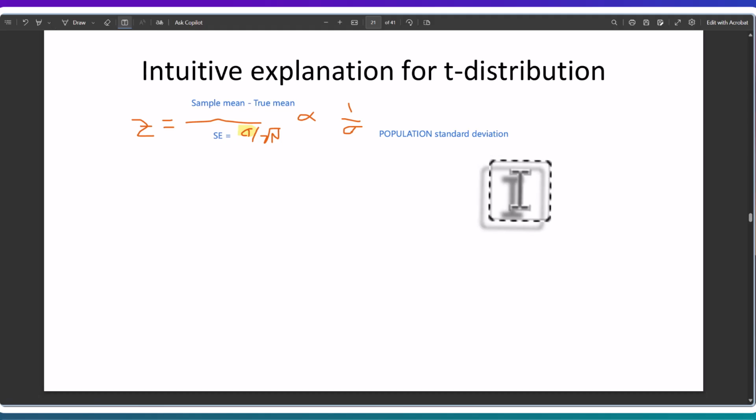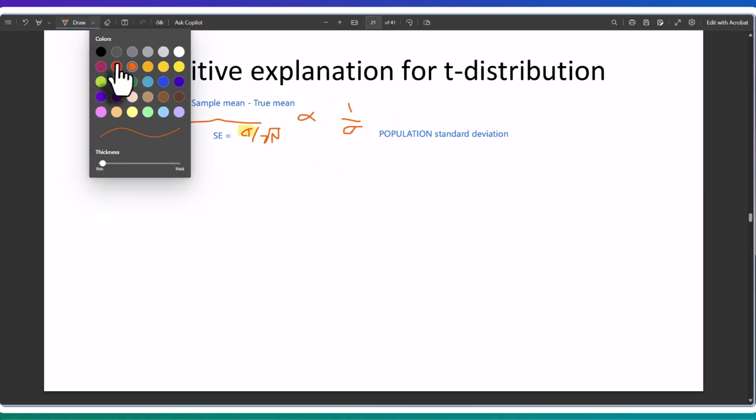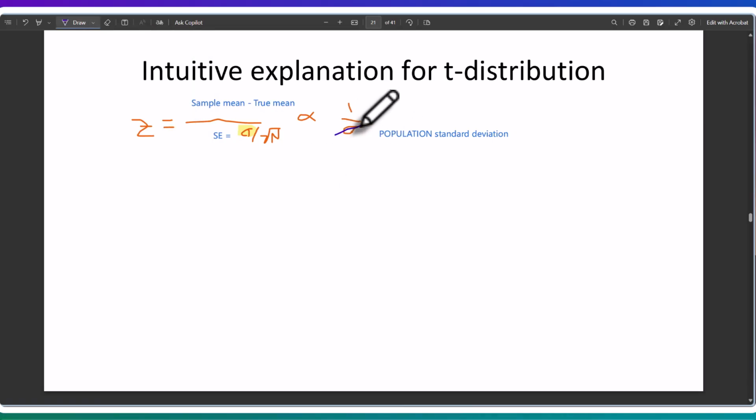The problem is that we often don't actually know what this population standard deviation is. The best we know isn't the population standard deviation. The best we know is the sample standard deviation, right? So we don't know the population, we only know the sample standard deviation.